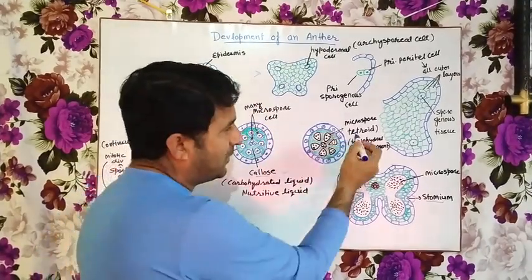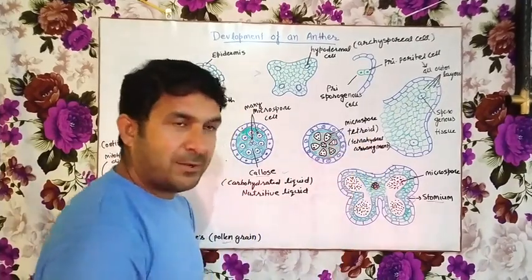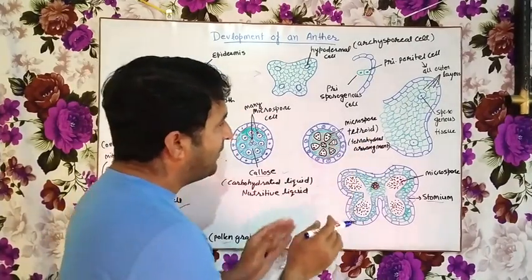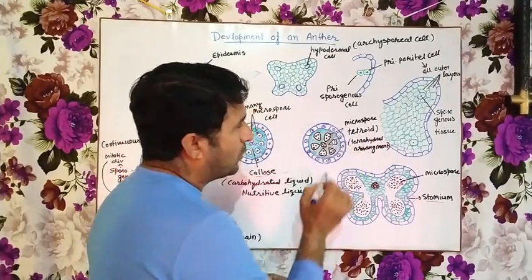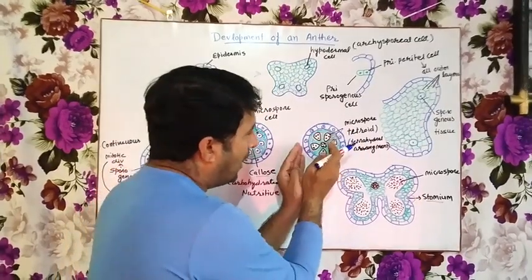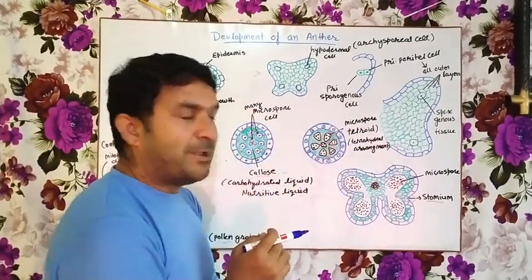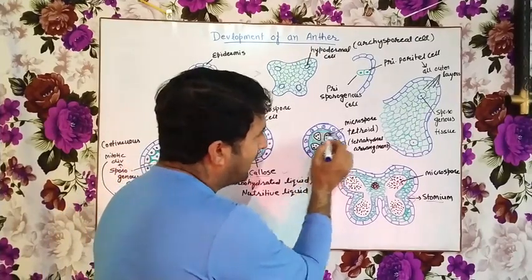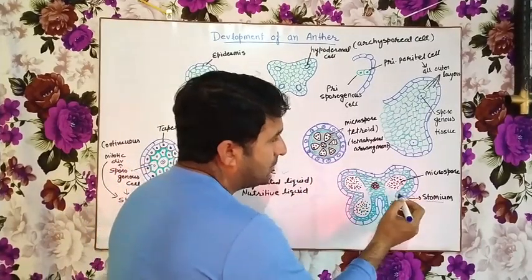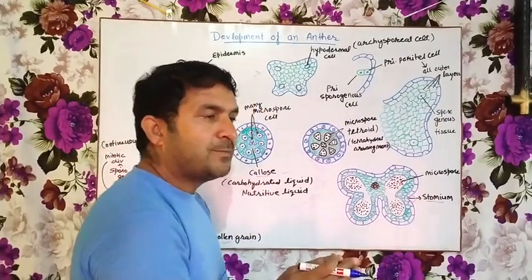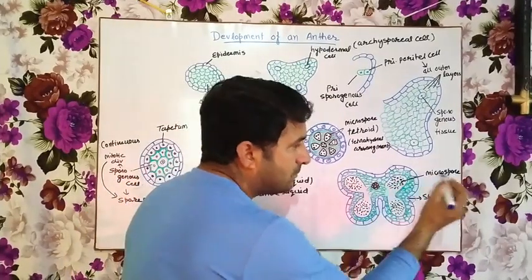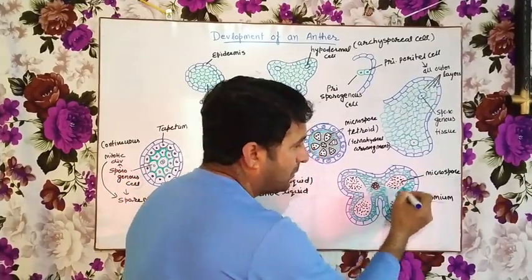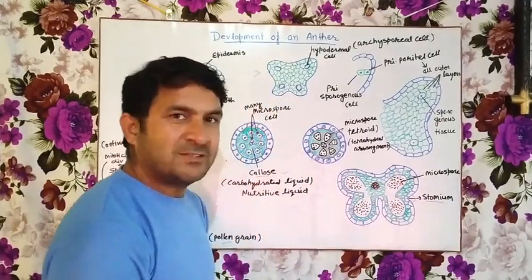Okay, so that's why this is called the tetrad. After the development into the microspore tetrad, layers also develop, and the microspore tetrad divides and converts into many microspores here inside the pollen sac.